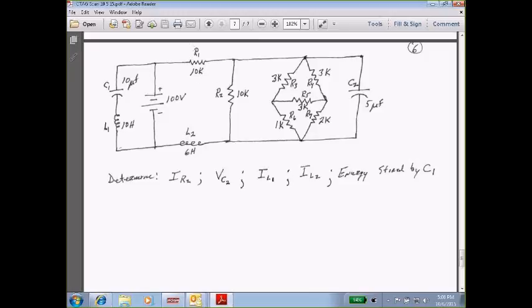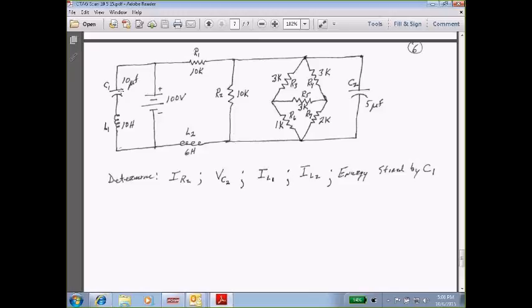R1, 85, R2, 15. That's 100. That's all of our voltage. So we just check ourselves to make sure that we are correct. So R2, which is the same as C2 voltage level, is 15 volts.